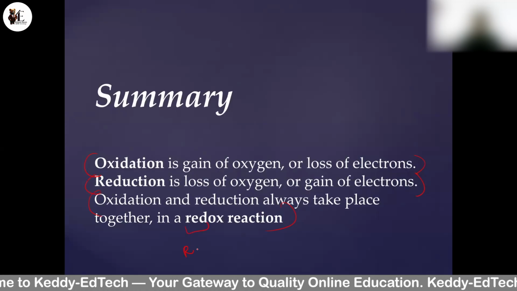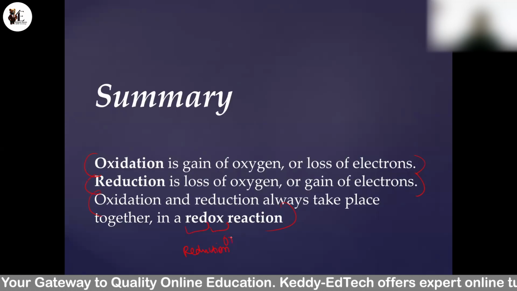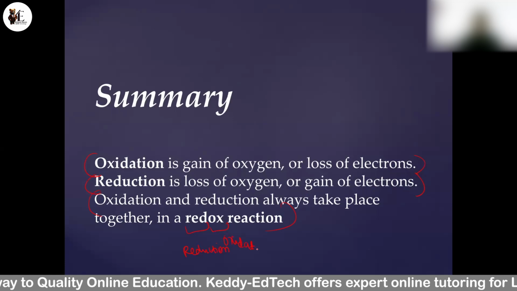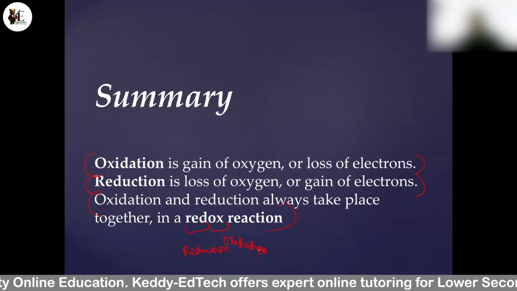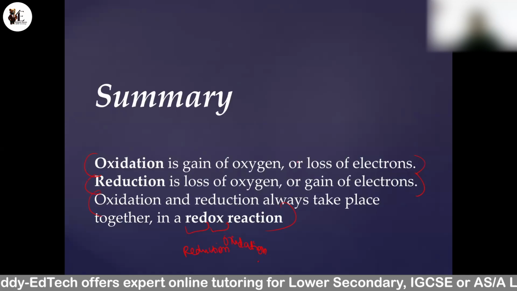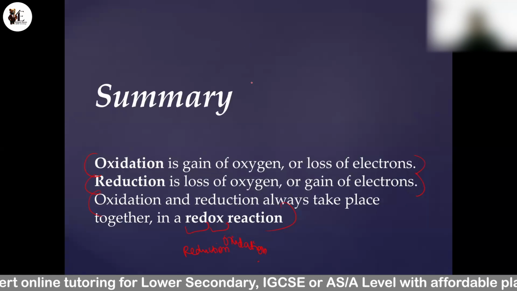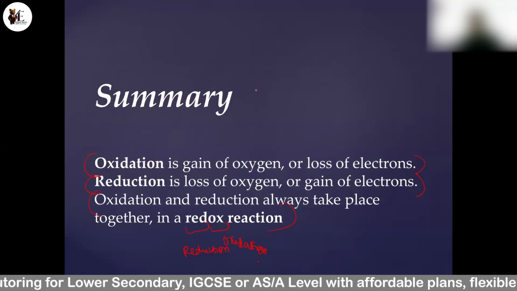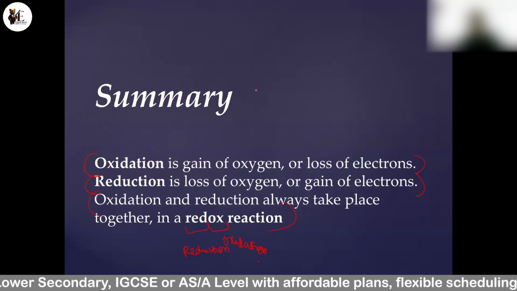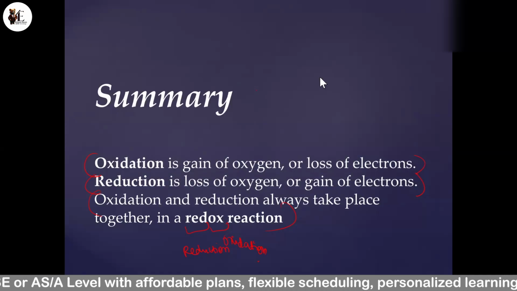RED means reduction is also happening in the reaction, and OX means oxidation is also happening in the same reaction. So we have studied many examples of a reaction in which both oxidation and reduction are taking place simultaneously. You want to write this? Yes, ma'am. Okay. Done?